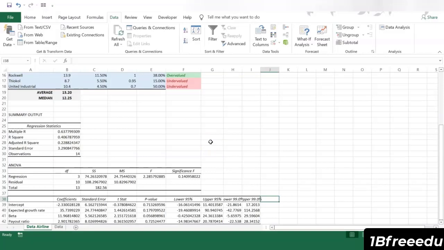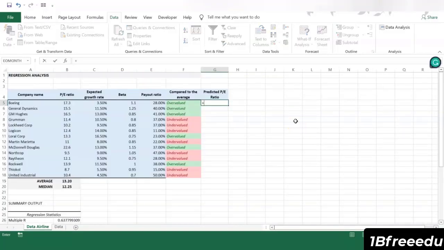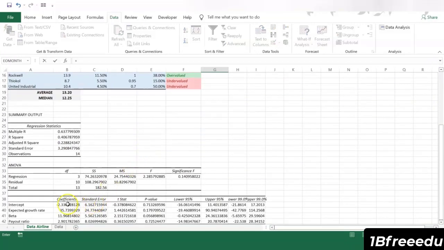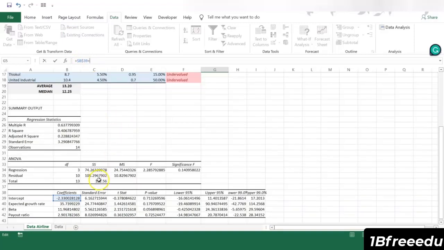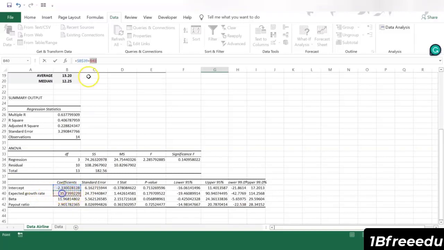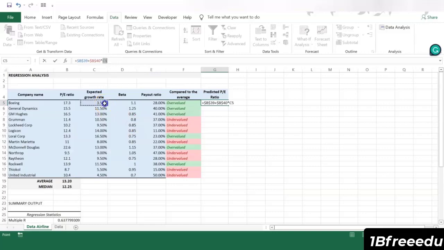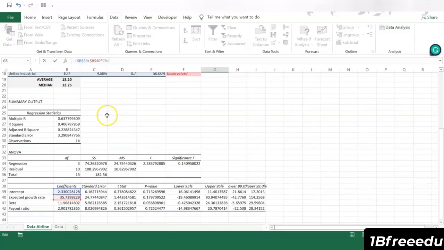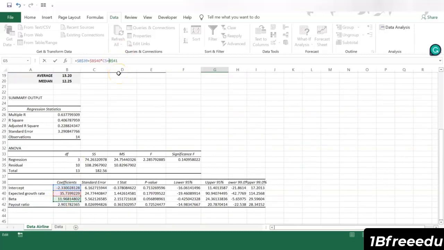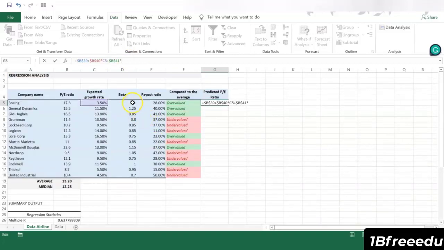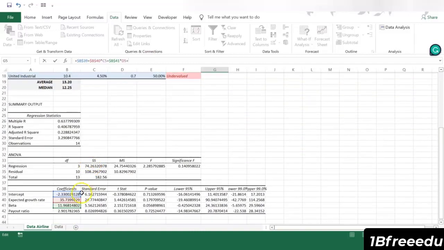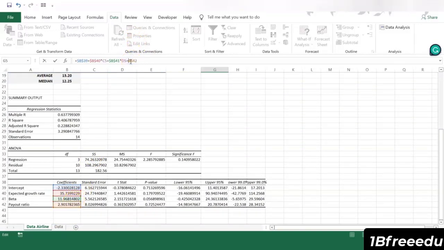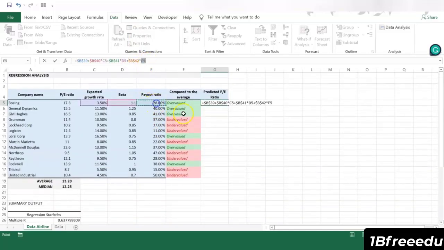Once you have your regression, you can set up your formula. Our predicted PE ratio would be equal to the intercept from our regression analysis, and you can lock this, plus the first X variable, which would be our expected growth rate, times the expected growth rate for each stock, plus our second X variable, which is the beta, times the beta for each company, plus our third X variable, which is the payout ratio, times the payout ratio for each company.